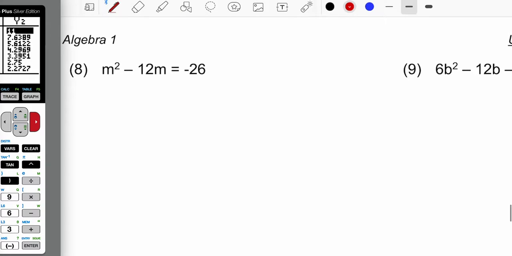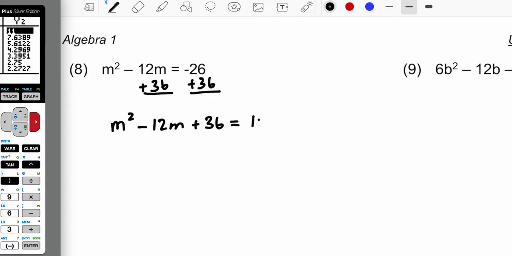Number 8, it's already in the appropriate form for completing the square, which is nice. I'm going to take my b value, cut it in half and square it, which means that I'm adding 36 to both sides. So m squared minus 12m plus 36 is equal to 10.